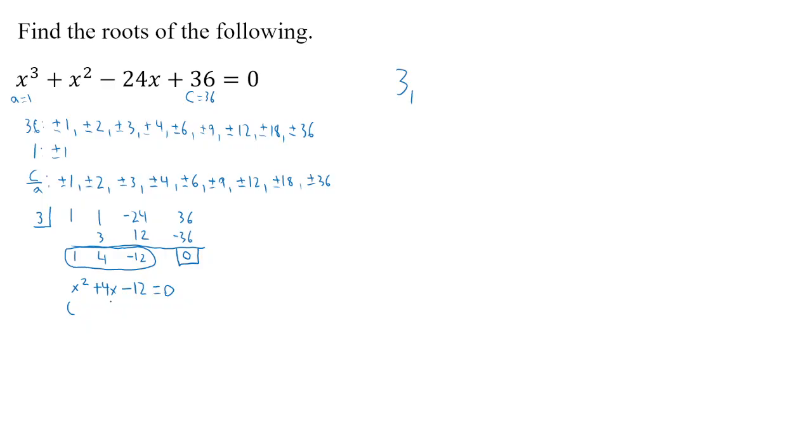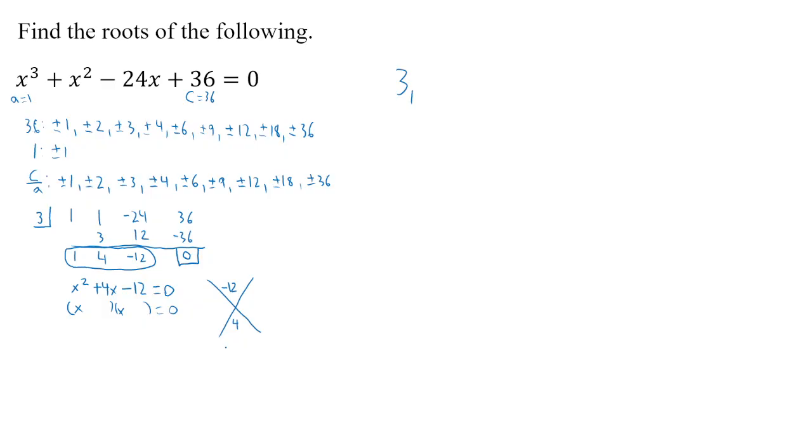So you draw your 2 sets of parentheses. You're going to make a big X. You know, x times x is x squared. 1, the leading coefficient, times negative 12 is negative 12. And the linear coefficient is 4.